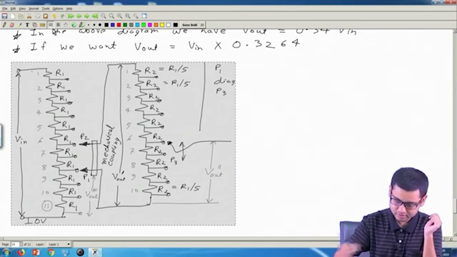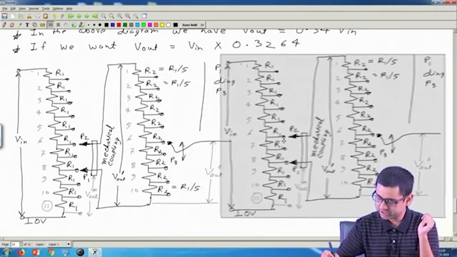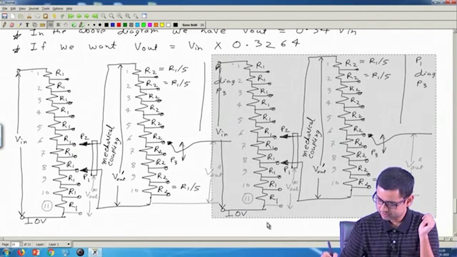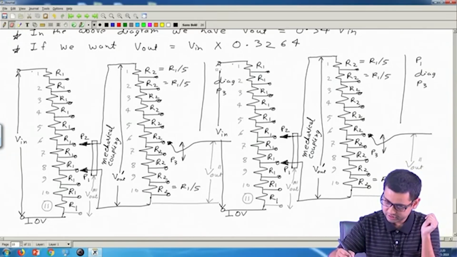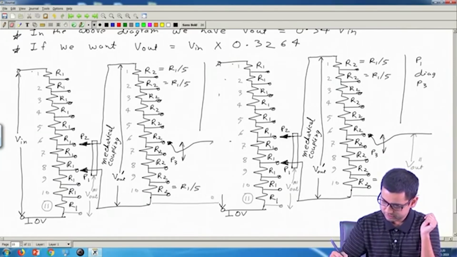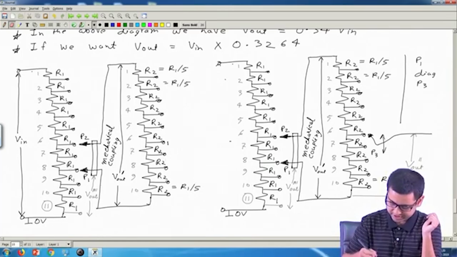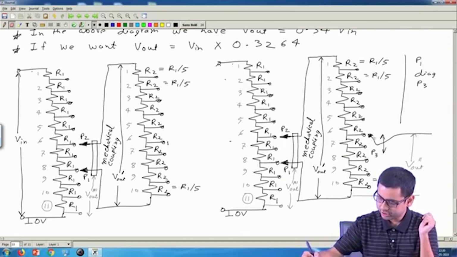I will copy it once again, so that I have 4 stages. And now I will do the editing here on top of it. This is one stage, this is another stage, this is the third stage, and then I will have the fourth stage.